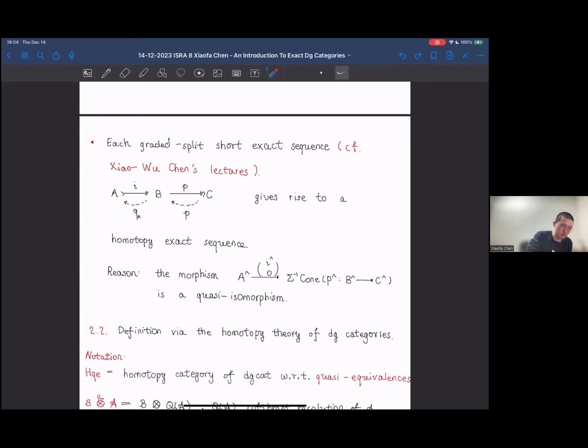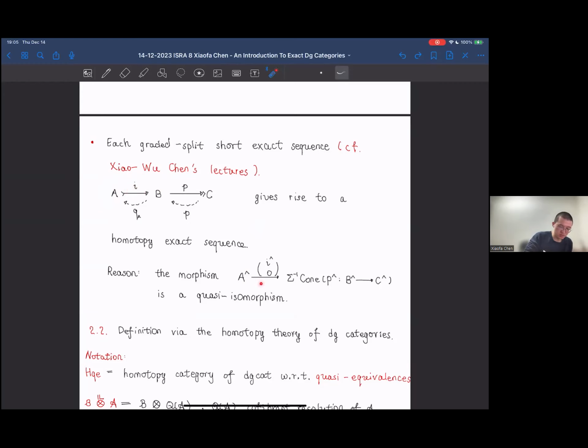And the reason is that such a graded split short exact sequence will give rise to a quasi-isomorphism of DG A modules. So we apply the Yoneda DG functor, and then we'll get a morphism from the representable module by A to the cone of the representable morphism by P, given by this morphism.